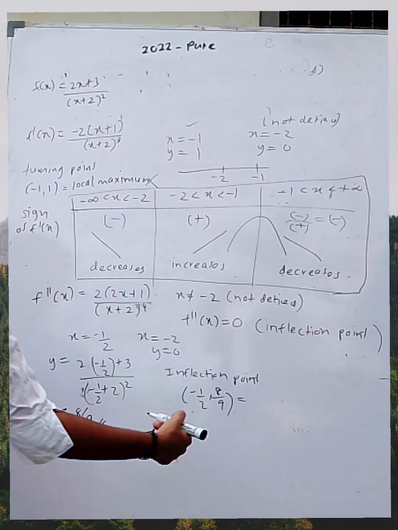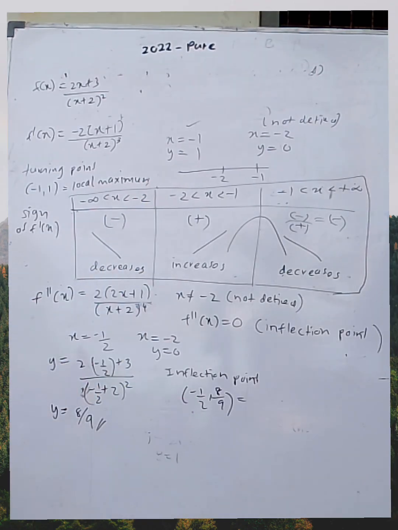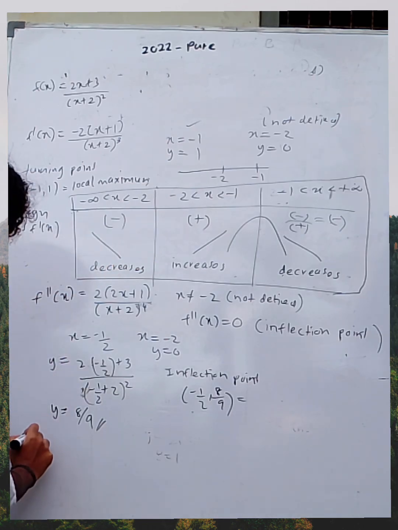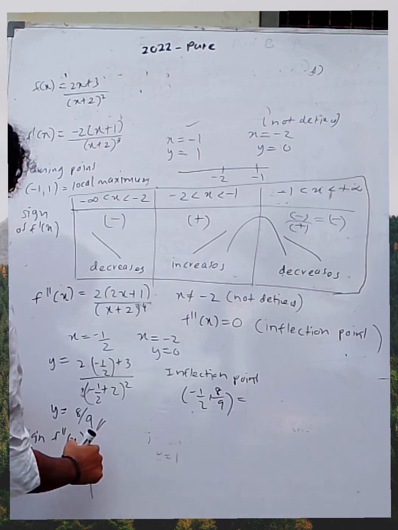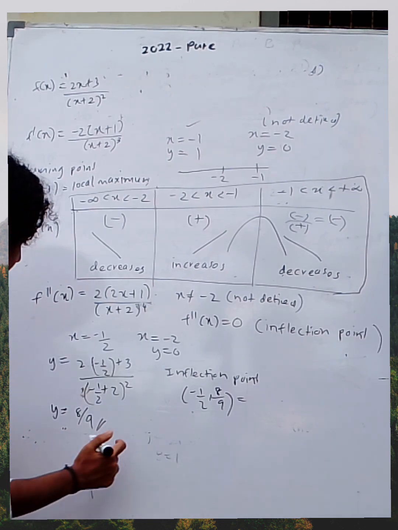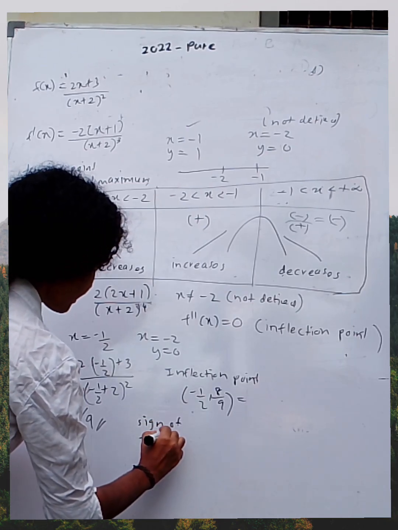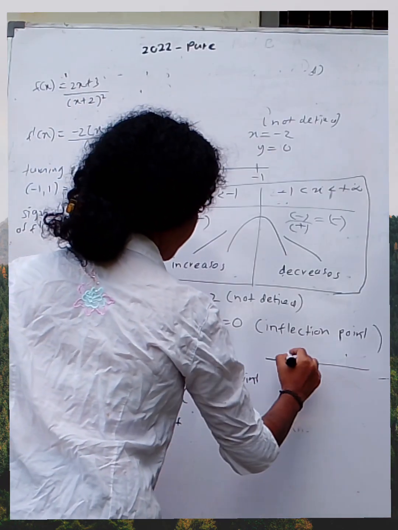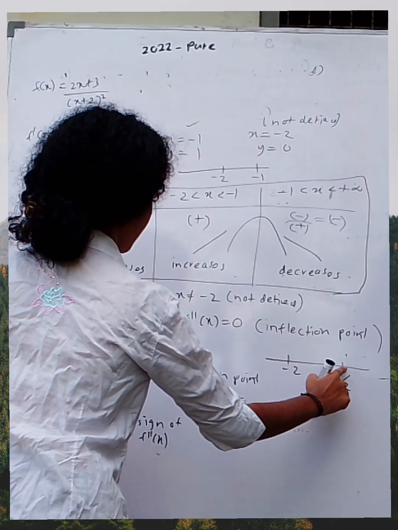Now we should also find whether it's a maximum or a minimum. For that we'll move on with the sign graph, that is the sign of f double dash x, and represent the signs. The points are represented on a number line: minus 2 and minus half.